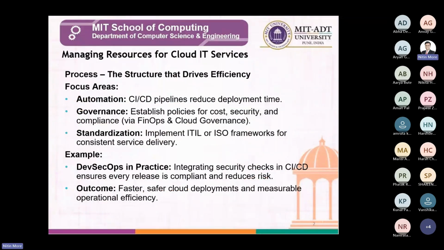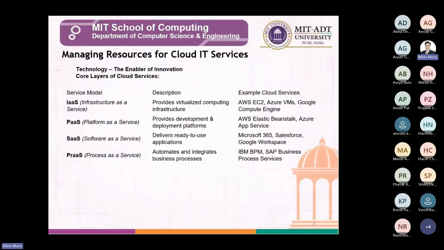Talking about the last, that is the technology. The technology is going to enable innovation, the core layers of cloud services. So we have service models like infrastructure as a service, platform, software, or maybe process as a service. For infrastructure, we focus on providing virtualized computing infrastructure like EC2. In Azure, we call it VM. In Google, we call it Compute Engine.